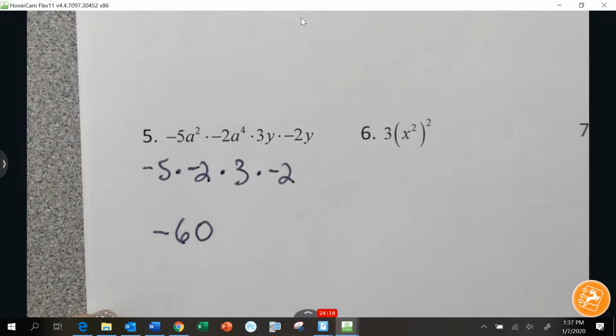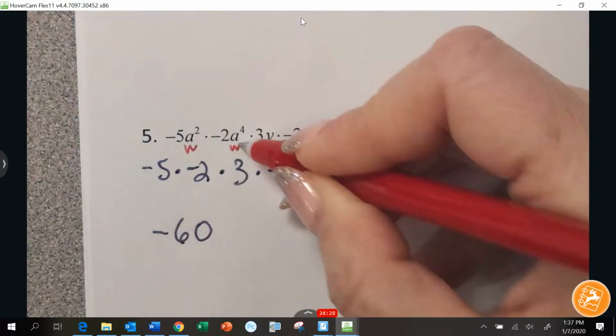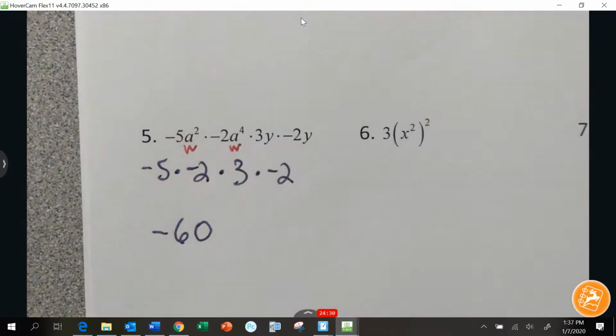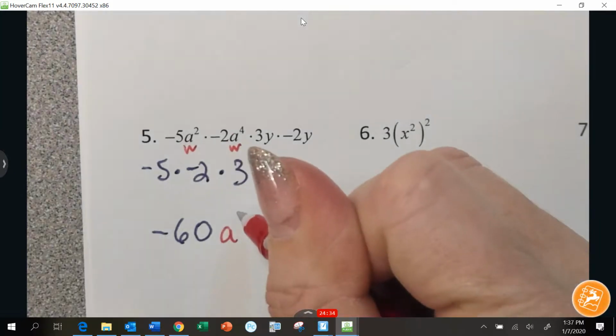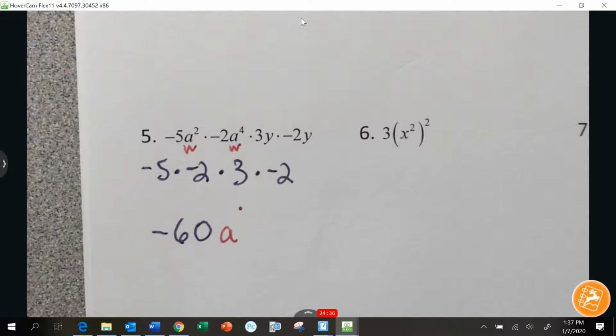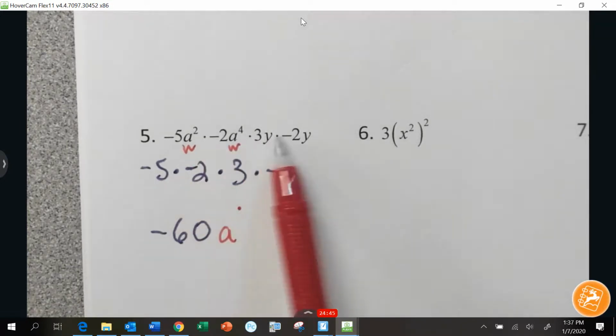They don't have like terms. Some of them have like bases. Like terms are different than like bases. So the A's, they have like bases. So how many A's are we multiplying when we do A squared and A to the 4th? The coefficients are different. You can just multiply all the numbers, all the coefficients separately.